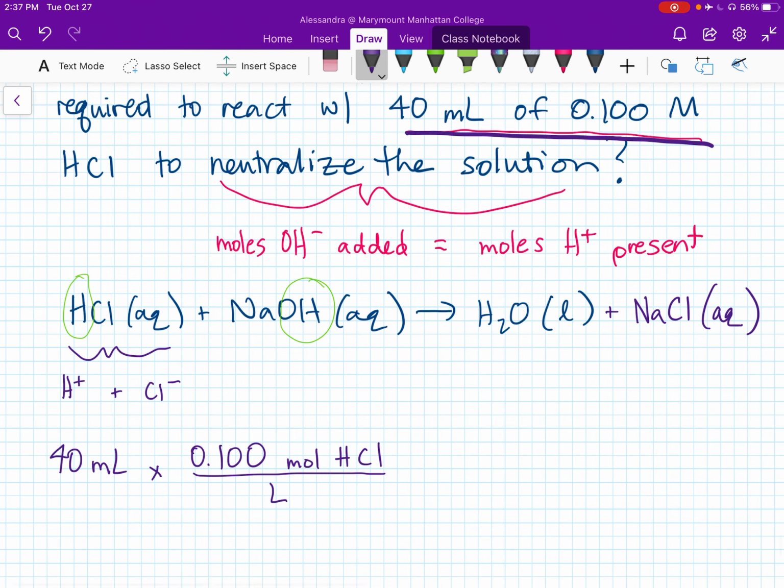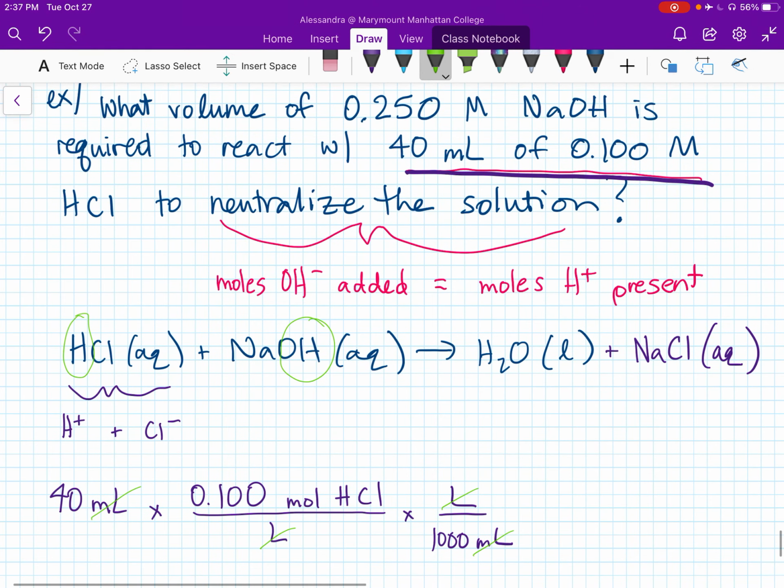If I do that, I also need to convert the unit. I need to convert milliliters to liters because that will enable me to cancel out the milliliters and then the liters to be left with the moles. The moles of HCl. Looking at that equation now, I need to figure out, remember, what is it asking me?